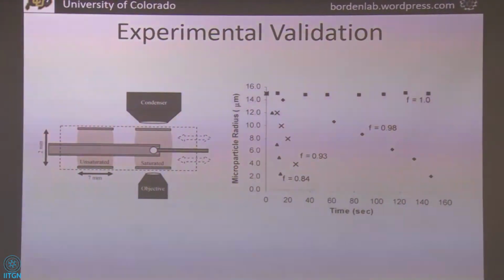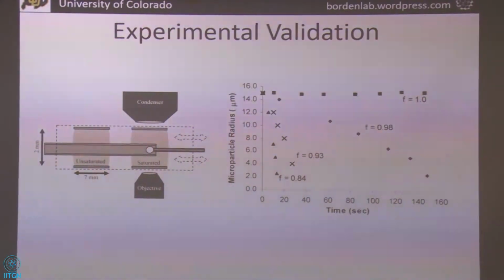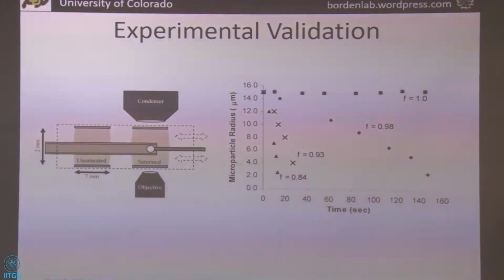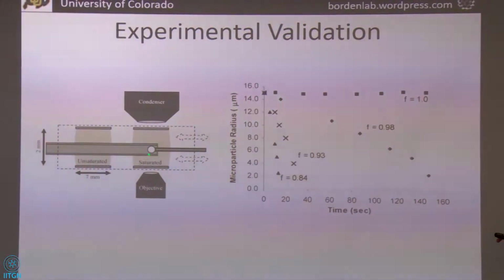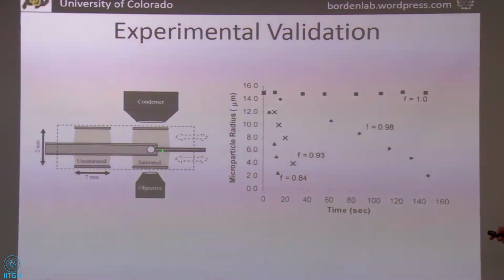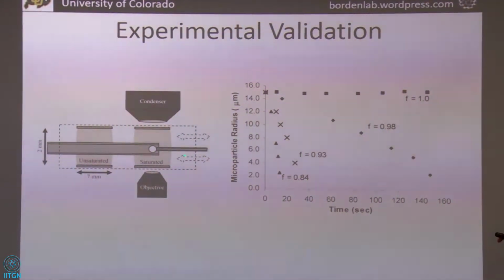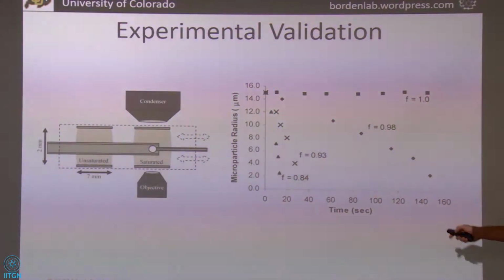So they did a similar experiment to the one that I told you David Kim did, measuring the mechanical properties of the lipid shell. They have a transfer pipette that they sheath over the bubble that's being held with the other pipette, so that they can move from a saturated to an unsaturated medium. That is alpha, the expression that I showed you, what they're calling F. And F goes from 1 to 0.9 to 0.93 to 0.84, and you can see the bubble is dissolving.